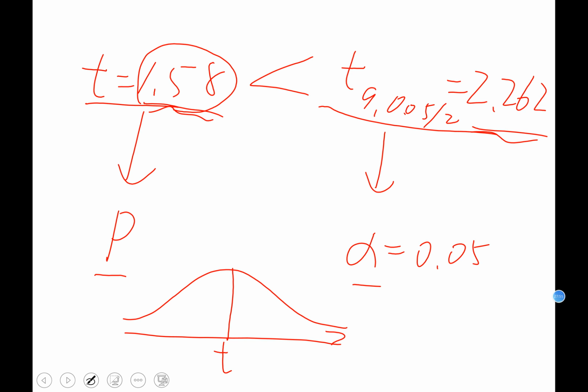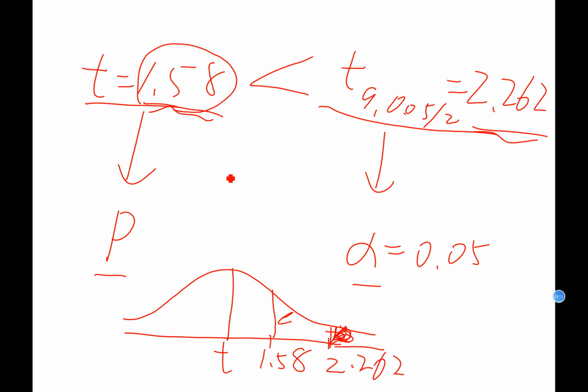This is 1.58. This is 2.262. And we said that the corresponding probability is outside the number, right?